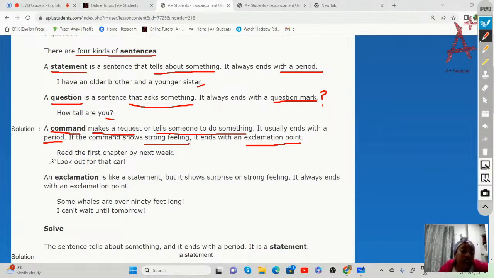Then we have an exclamation, right? And an exclamation is like a statement, right? It's not a statement, but it's like a statement. But it shows surprise or strong feeling, right? And it always ends with an exclamation point.